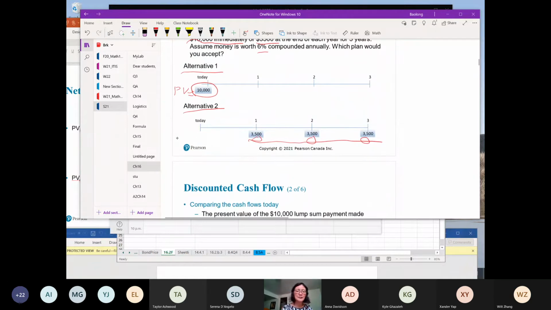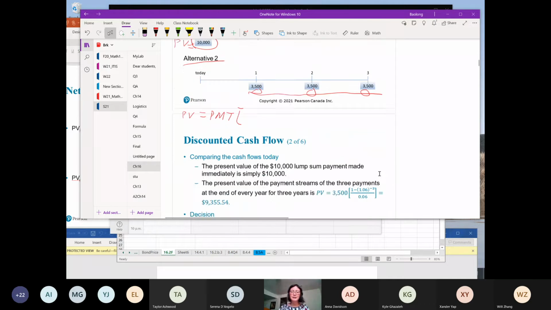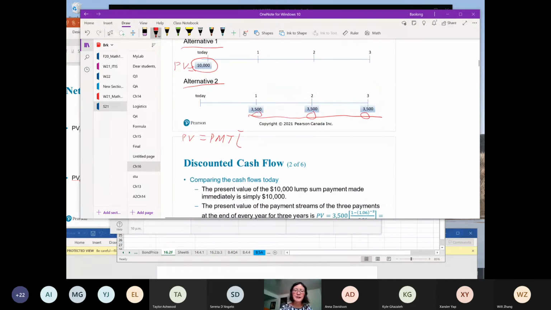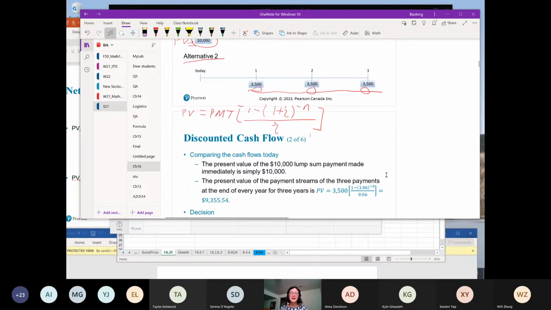The formula is PV equal to PMT times 1 minus 1 plus I raised to power negative n over I. So we use this formula, okay, to figure out alternative 2.